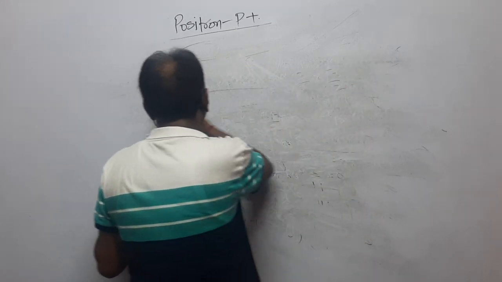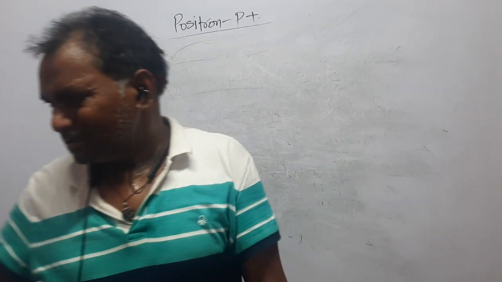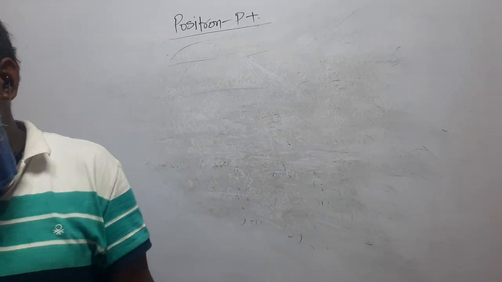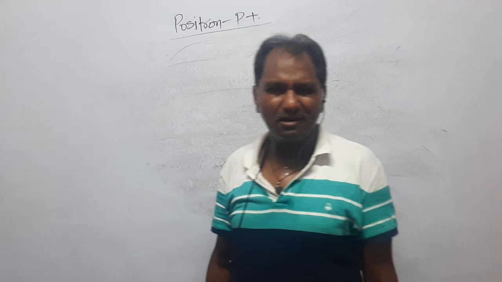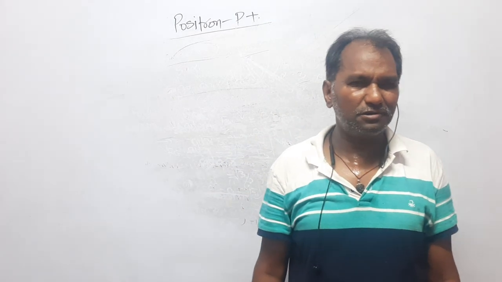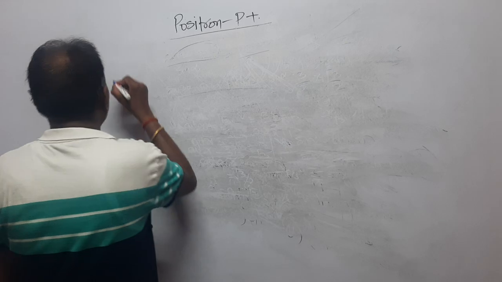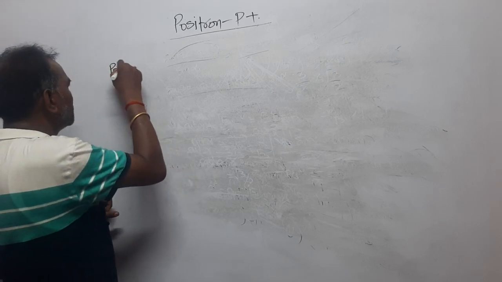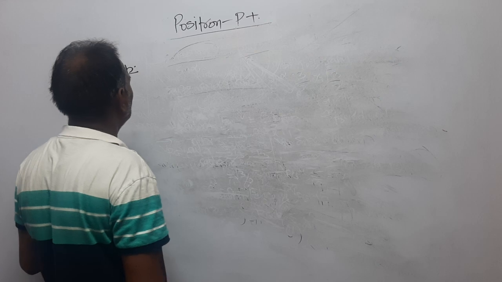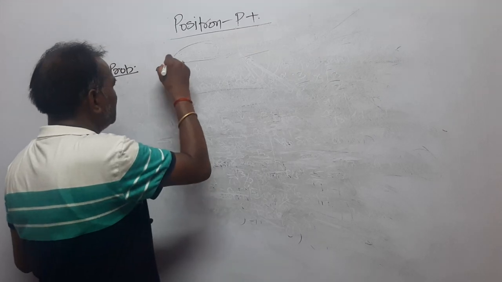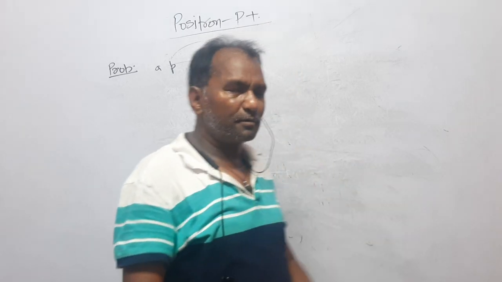Next question is very simple. Dear student, the source of this question I do not know. Actually, I have seen it in a book. The problem is that a plane, an airplane, plane wind problem.